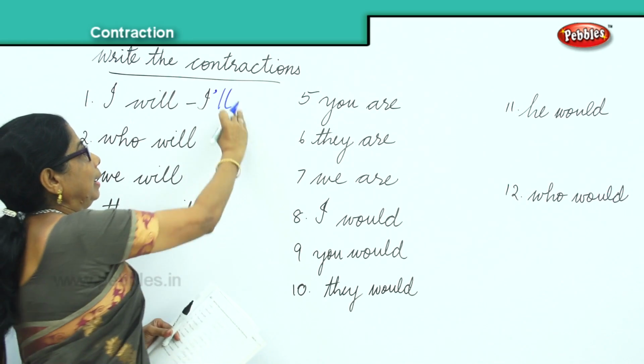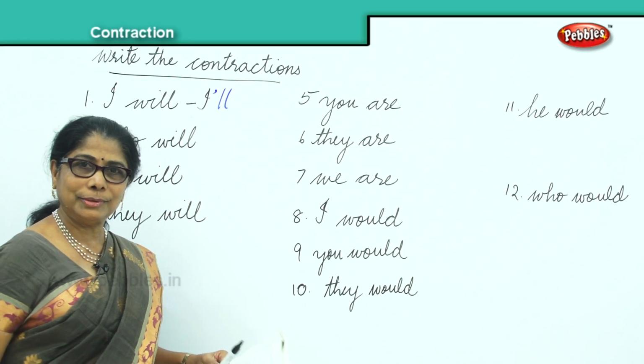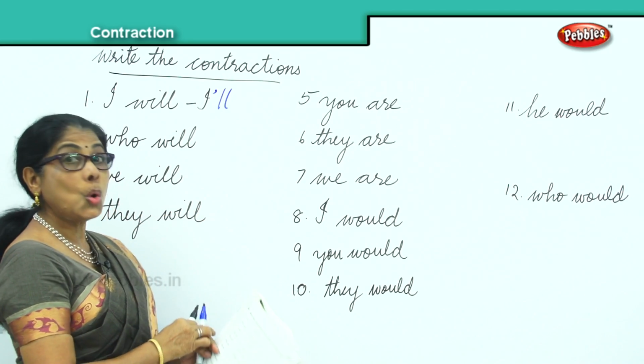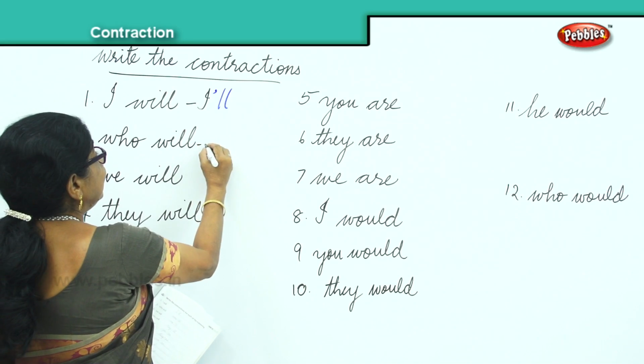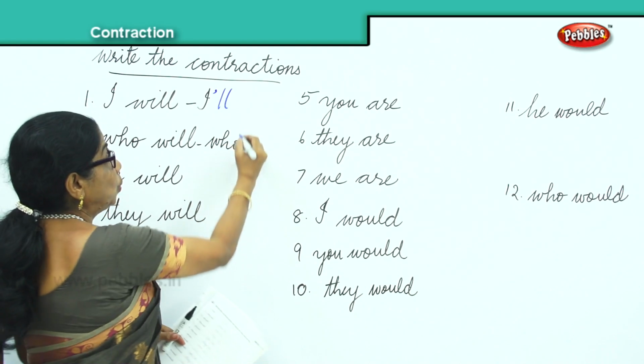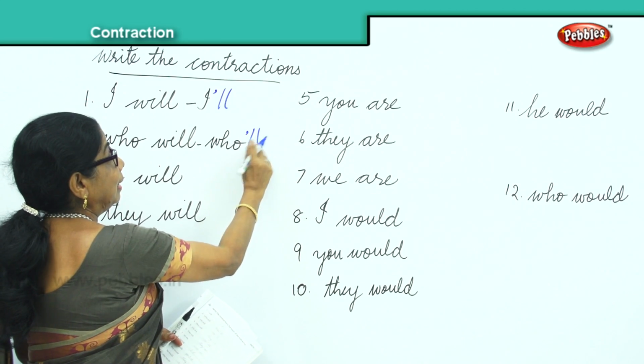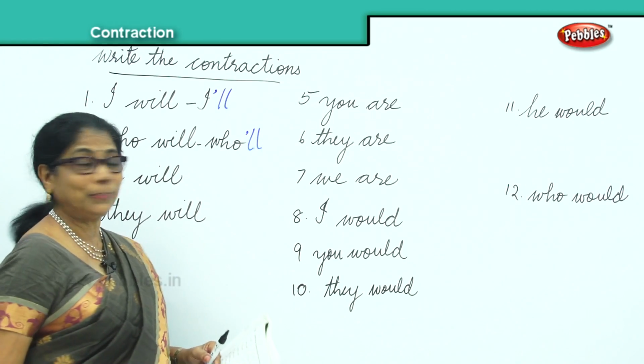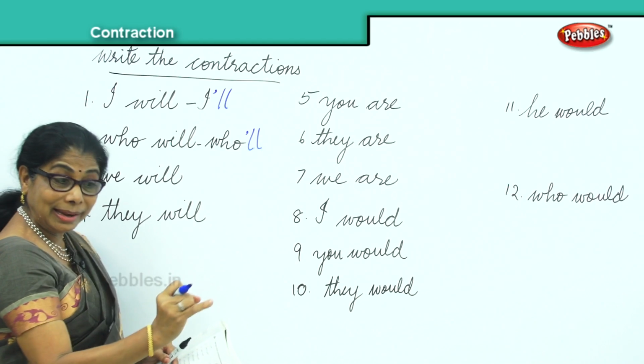What you have to remember: I'll. You will say I'll. I'll come tomorrow. Don't worry. Who will? So again here, who'll come tomorrow.